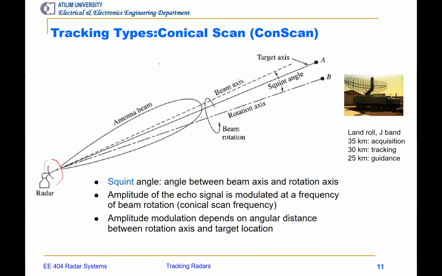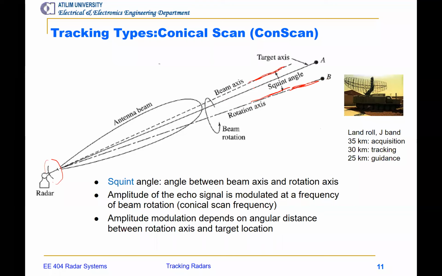Once we rotate the antenna, since this is slanted, so squinted from the boresight, so let's see, this is the rotation axis, okay, and here is the beam axis.